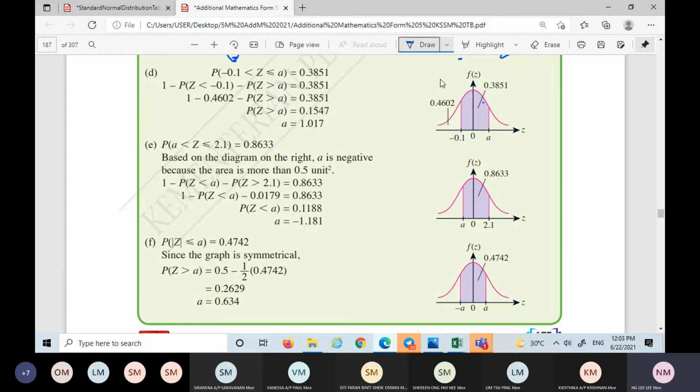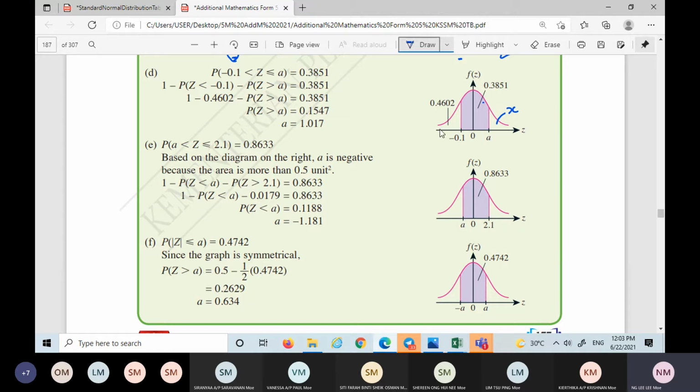You still remember we have to use 1 minus this and 1 minus this. Let this area be x. So 1 minus this and 1 minus this, you will get this. First of all, we find this area.